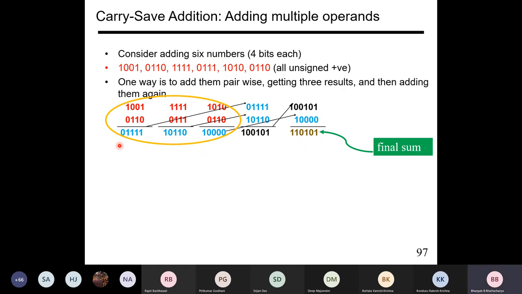So I don't care about the propagation. I have independent full adder blocks only. So they generate a bitwise sum and bitwise carry. And then later on, I will add the partial sum and the partial carry together by some means. Would that work?